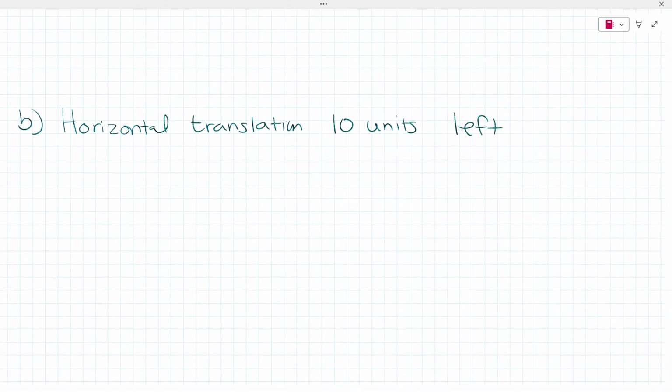So we'll call it, I don't know, r of x, you can call it whatever you like. Horizontal shift of 10 units to the left, so that means it's absolute value of x plus 10. Yeah, because remember horizontal shift is always the opposite. We want 10 units to the left, so x plus 10 means negative 10, or 10 units to the left.